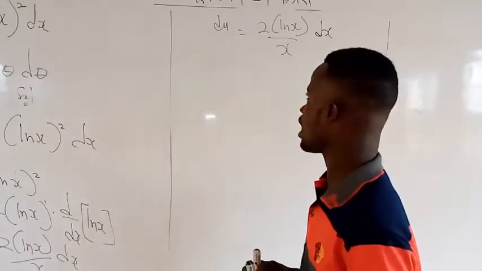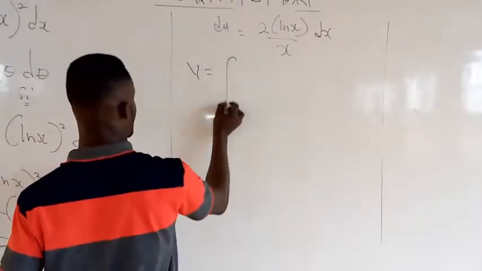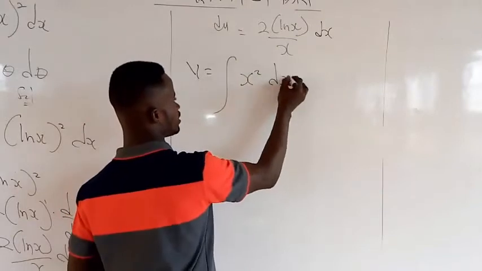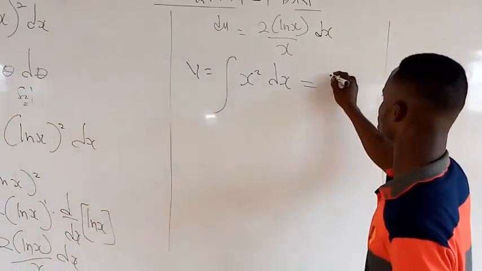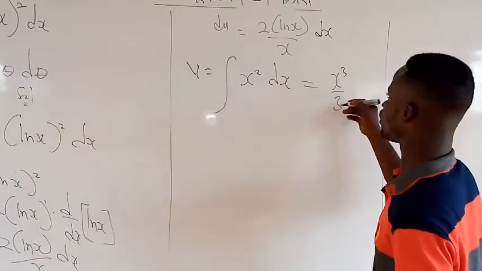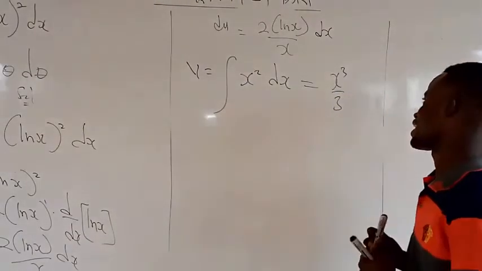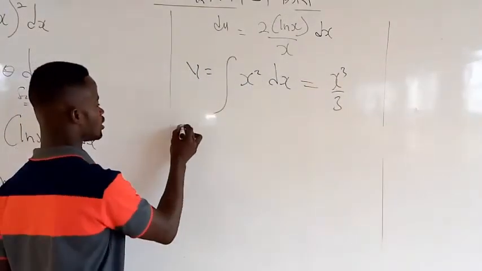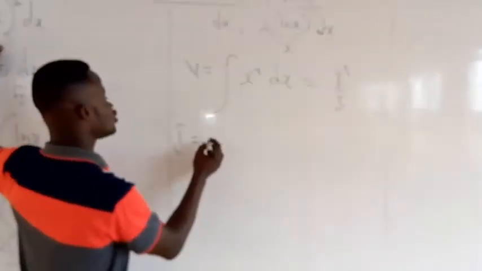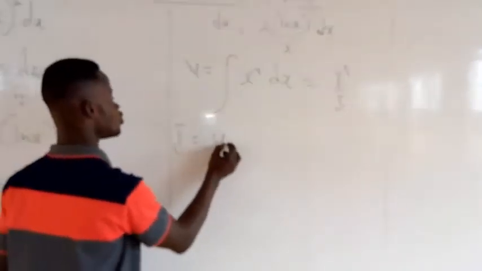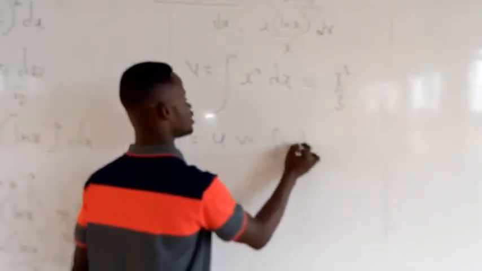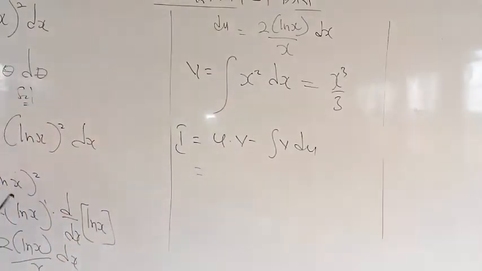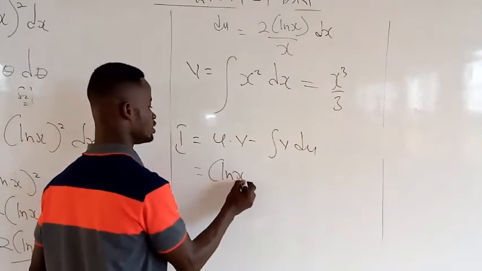Yes. Now, what will be our v? Our v will be everything left, which is s squared ds. So v will be equal to s to the power 3 over 3. Okay. So that is that. Then by substitution, the integral, I represents this, is going to be equal to uv minus integral of v du. So u is ln s squared.